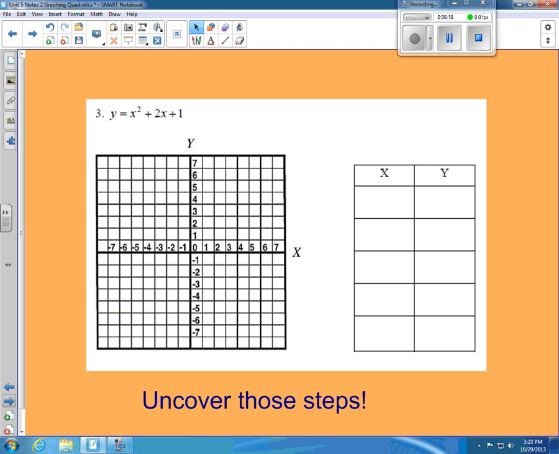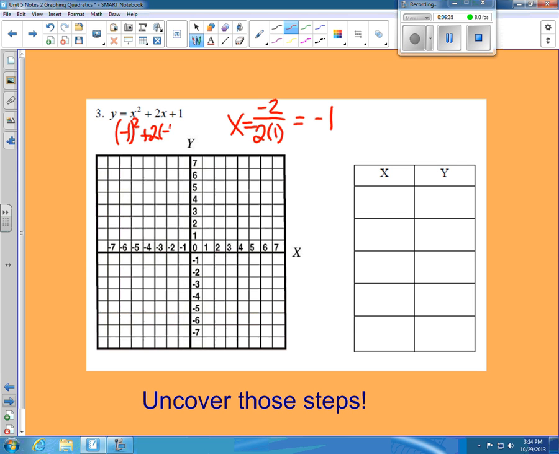Let's start off with finding our vertex. So you're going to do the x-coordinate first. So opposite B over 2 times A. So our x-coordinate, oops, not -2, sorry, is -1. All right, plug -1 in. Don't forget when you're squaring -1 that you are putting it in parentheses.